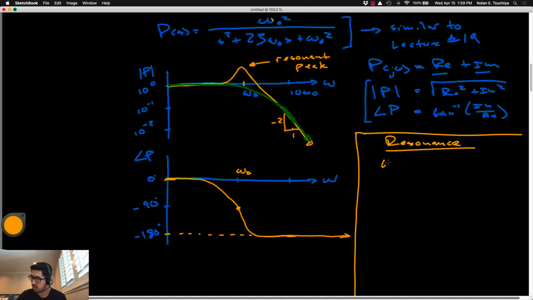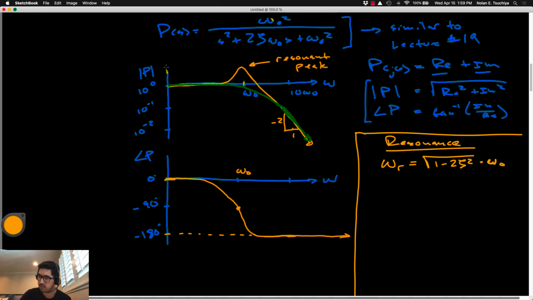Okay, so omega r is defined as the square root of 1 minus 2 zeta squared times omega naught. So whatever zeta is, you can compute the resonant frequency as a function of zeta and the undamped natural frequency, omega naught.